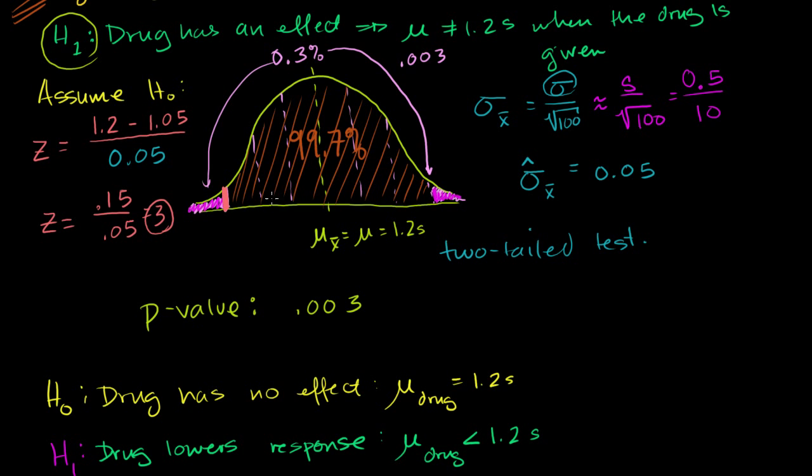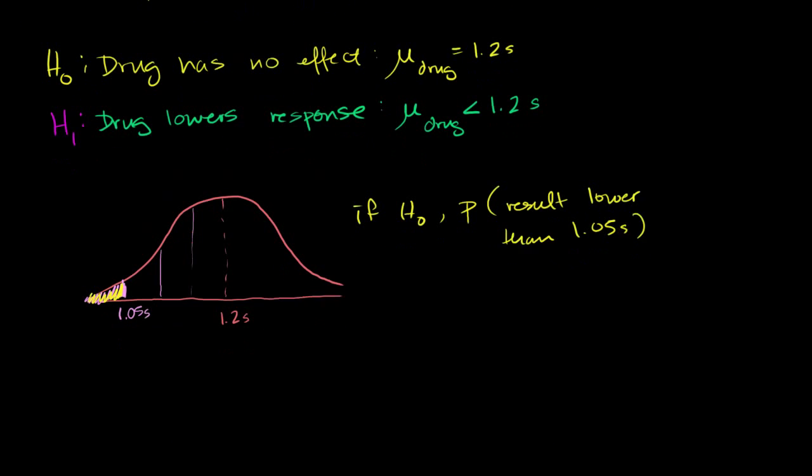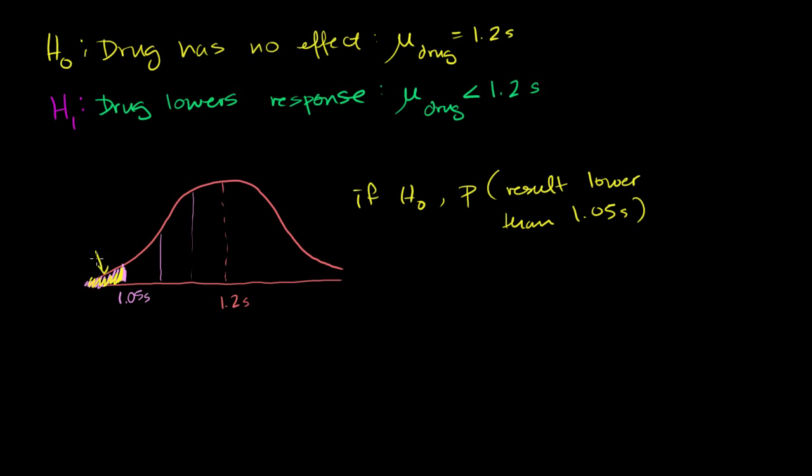But if you're only considering this one, it's going to be half of that, because the normal distribution is symmetric. So it's going to be 0.15%, or as a decimal, 0.0015.